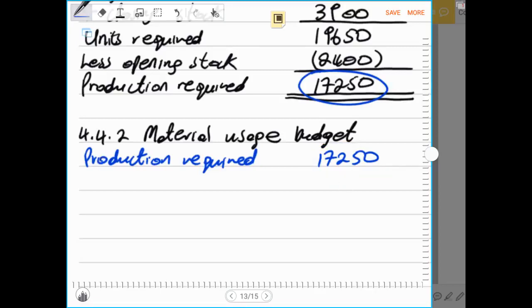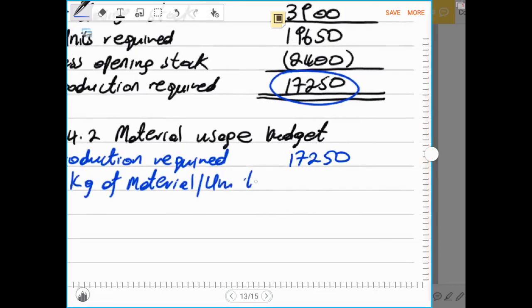Then we need to know how many kgs of material are needed to manufacture these units. Therefore now we have to say multiply by kgs of material per unit.